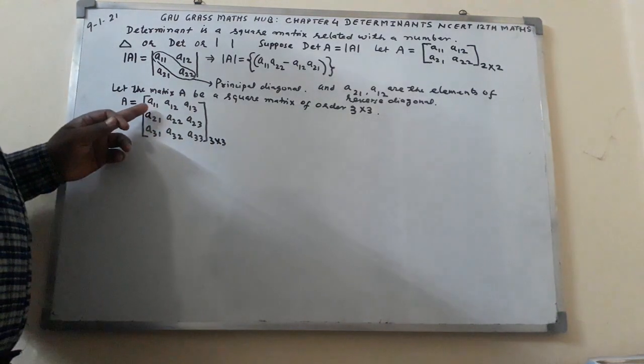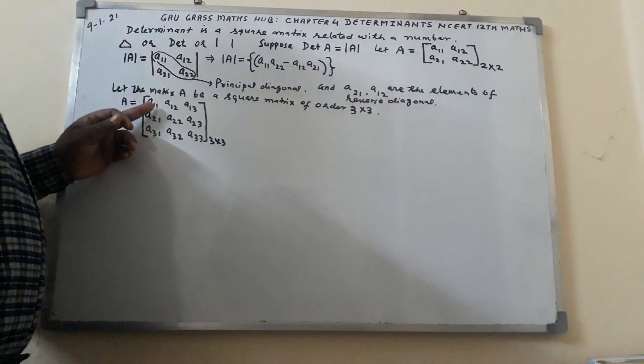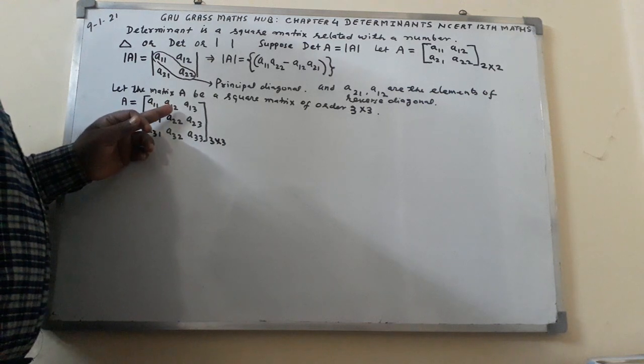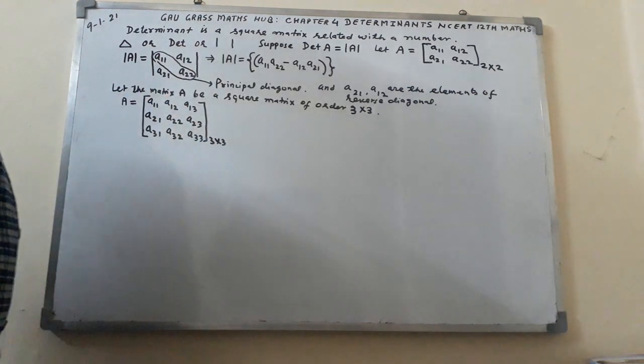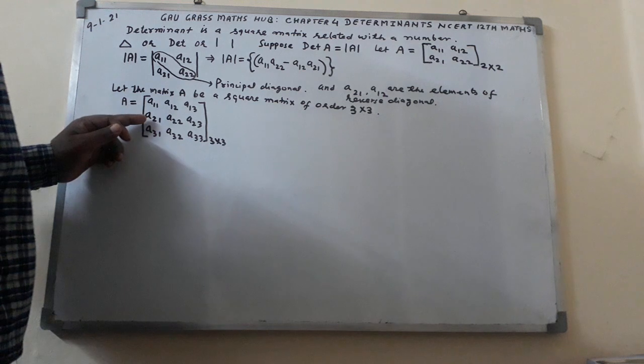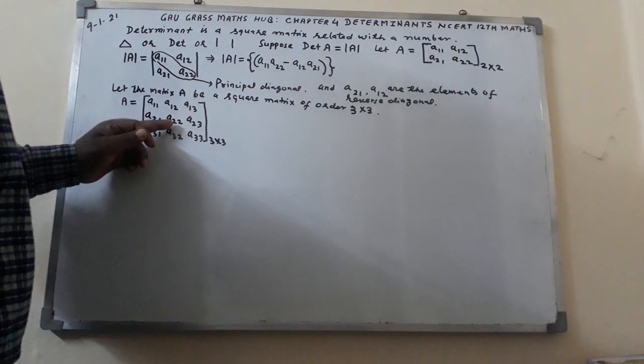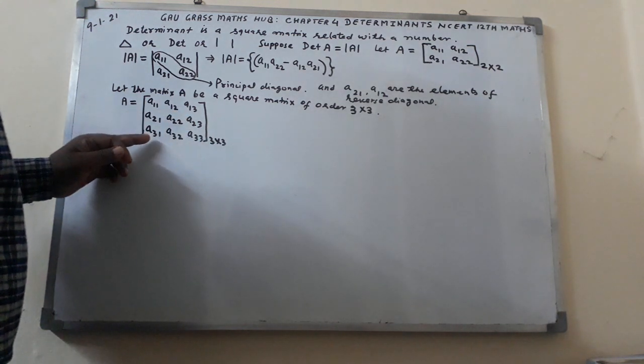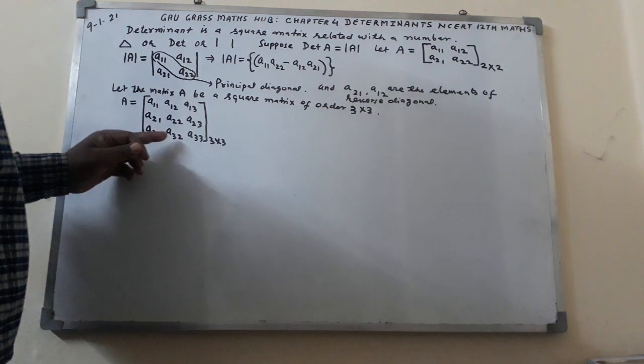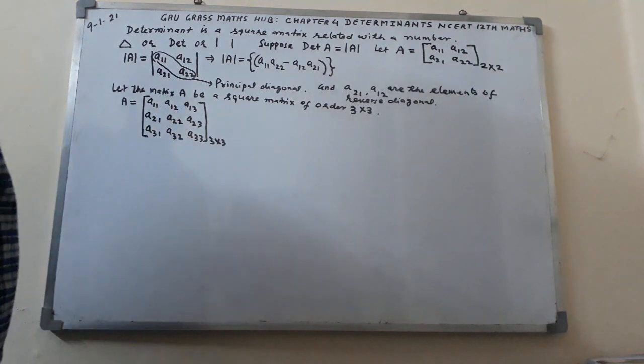Elements of first row A11, A12, A13. Elements of second row A21, A22, A23. Elements of third row A31, A32, A33.